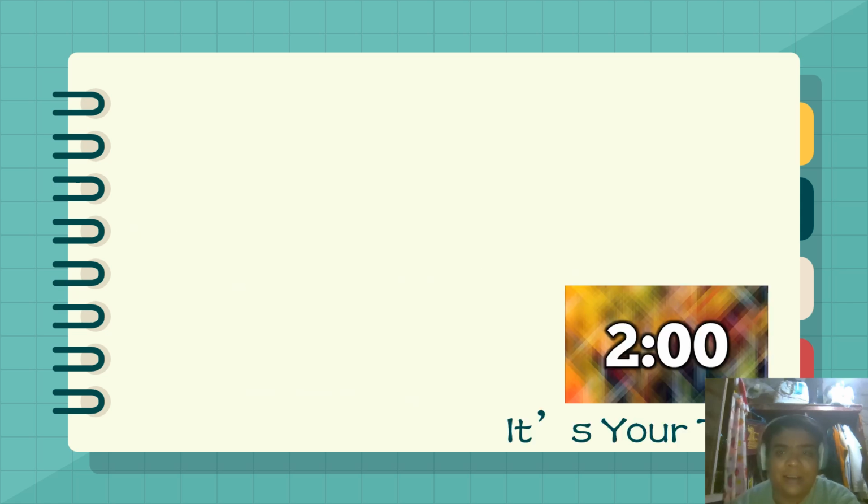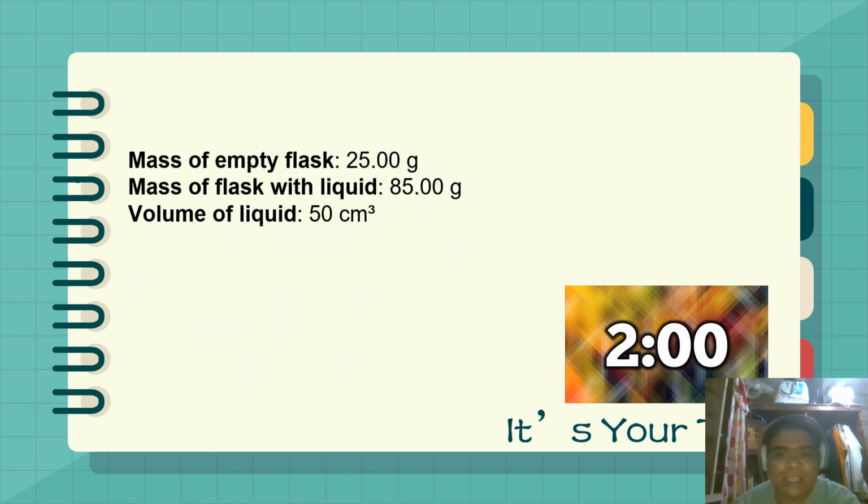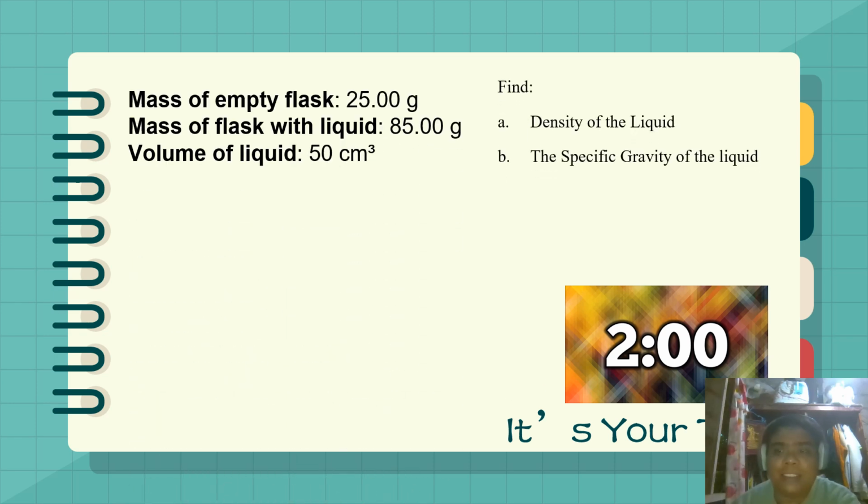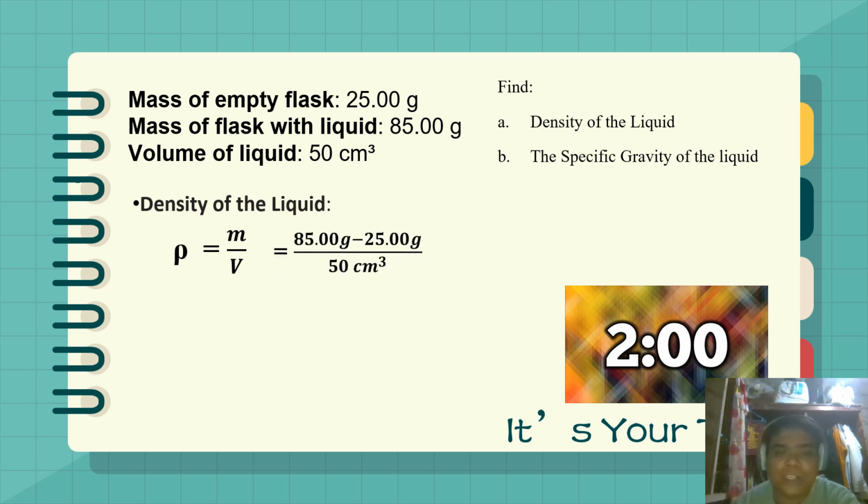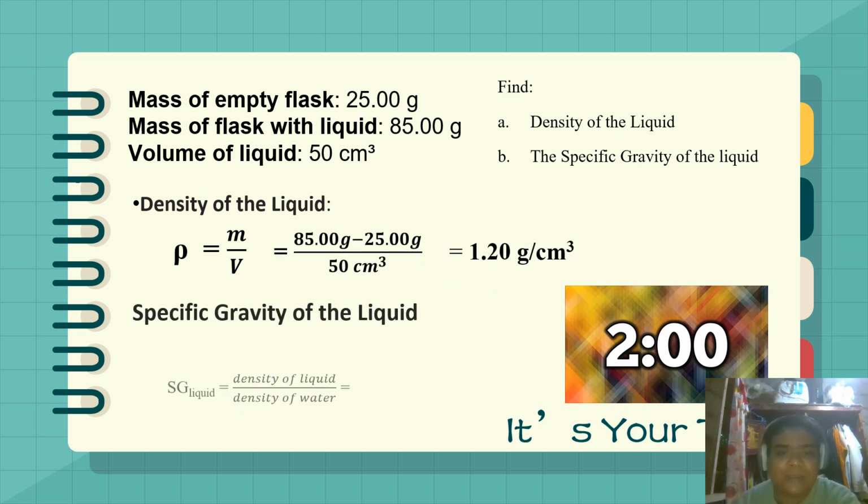Okay? I should have asked you to answer this one, but this is just another example. So 85 with liquid minus 20 is 65 over 50, the volume of the liquid. Okay, it's clear. You have the mass here and the volume here.